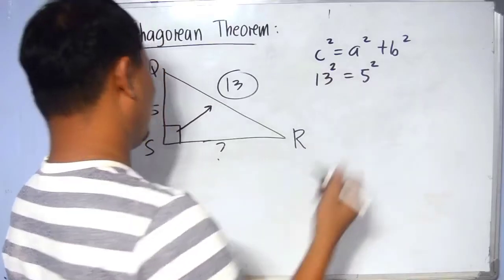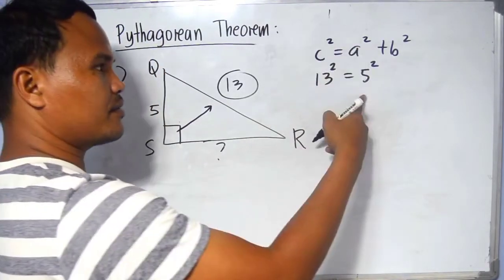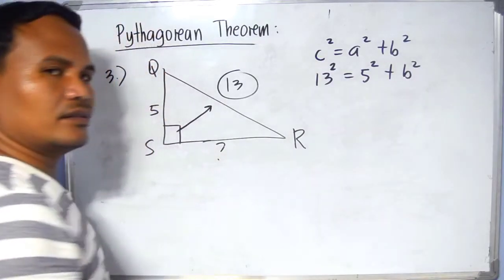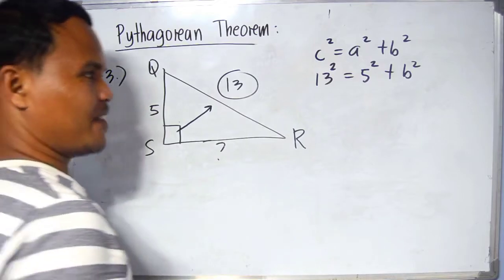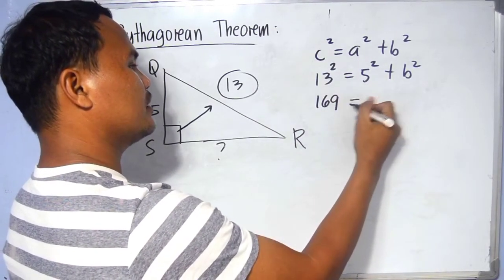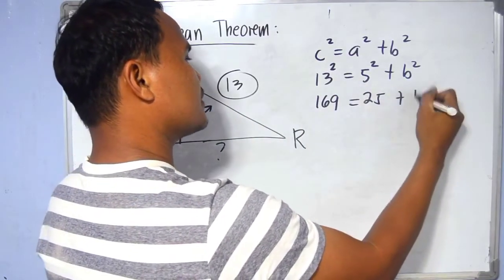Then let's say A is 5, so we have 5 squared, and we are asked to find one of the legs. 13 squared is 169. 5 squared is 25 plus B squared.